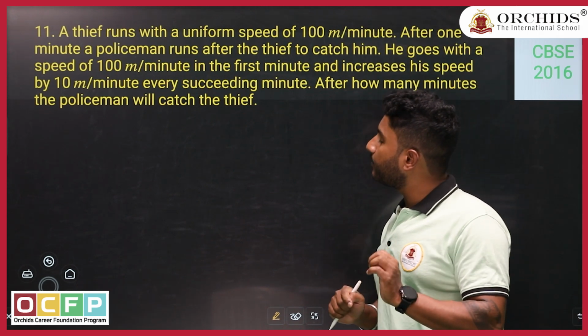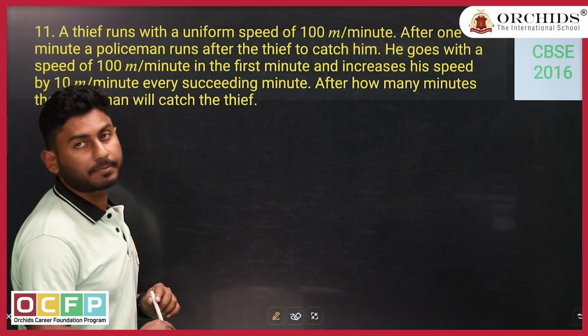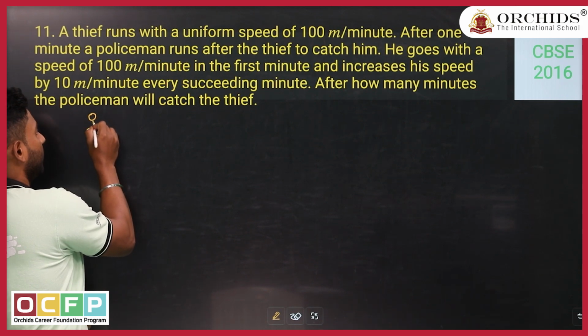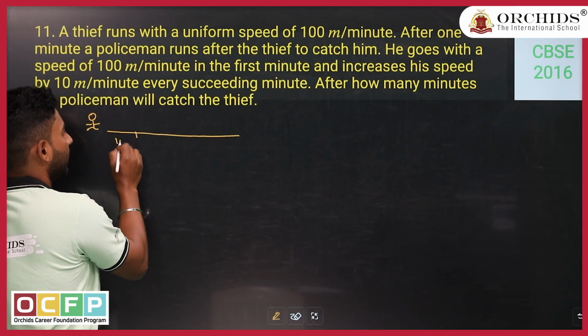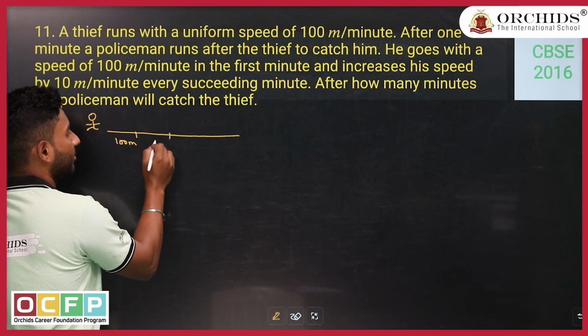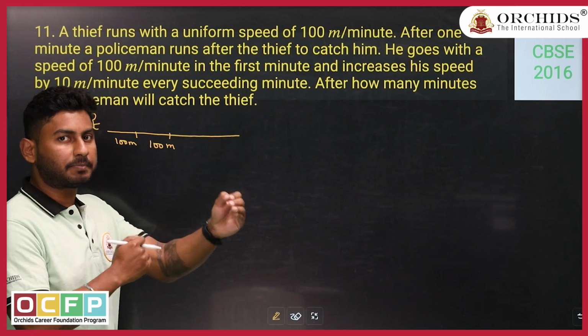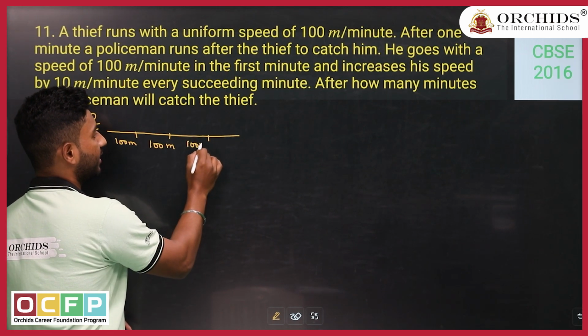A thief runs with a uniform speed of 100 meter per minute. So if this is the thief, he is running 100 meters every minute. That is the concept of speed. Every minute he is covering 100 meters.